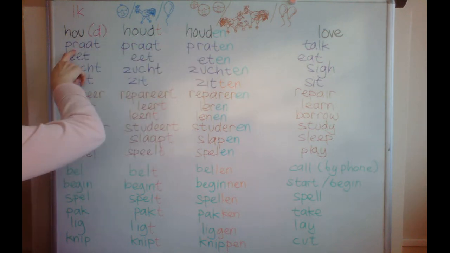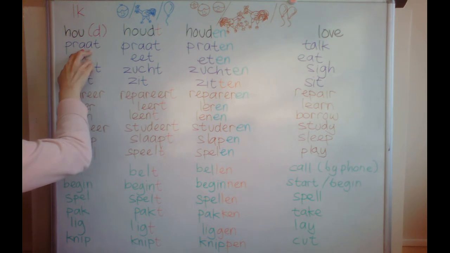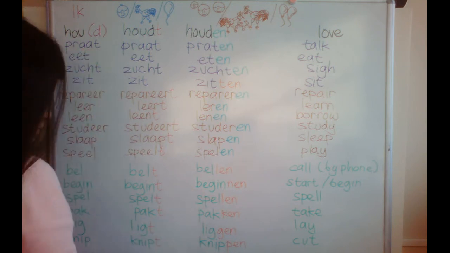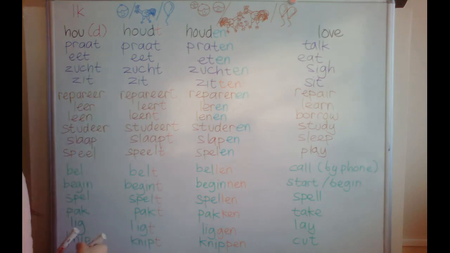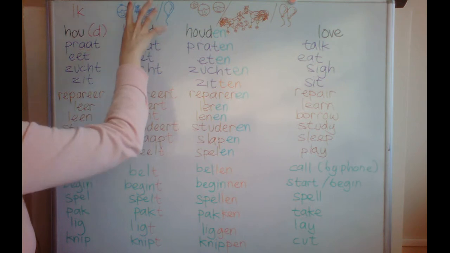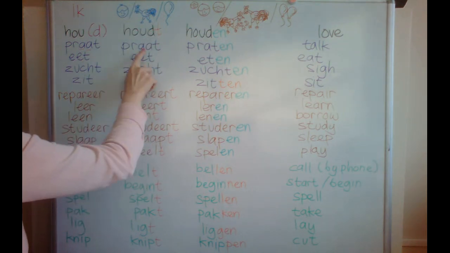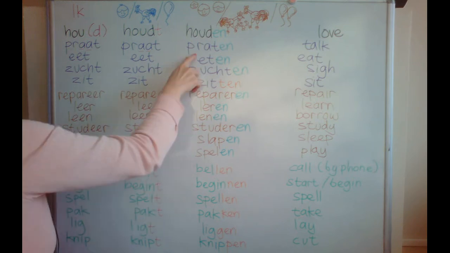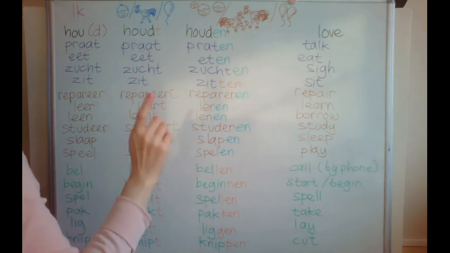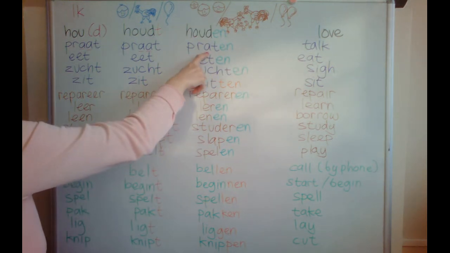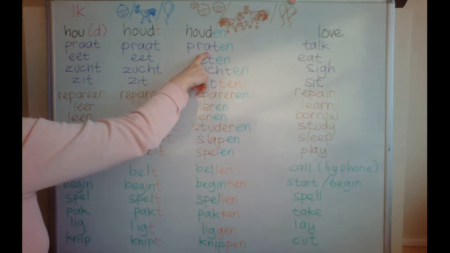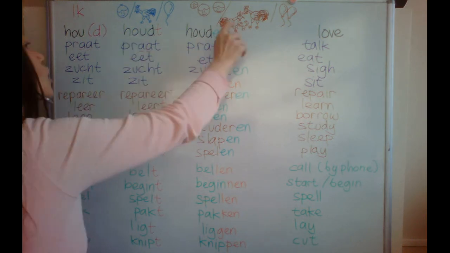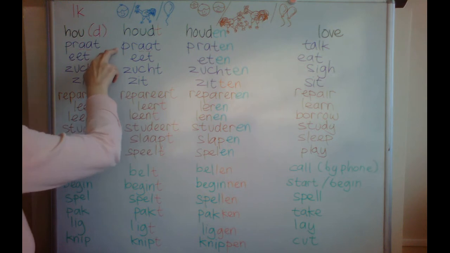This has two vowels, or in Indonesian, vokal. I will write these two vowels here for ik, and here for subject that consists of one, still the same with the two vowels. And for subject that consists of more than one, the vowel disappears, so it's only one vowel, and you put en. It means talk. Praat, praat, praten.